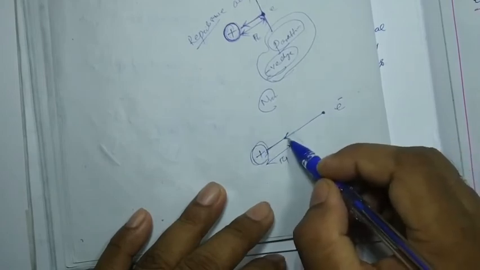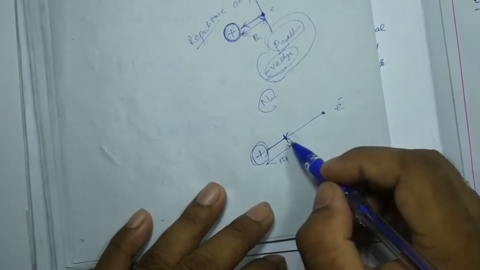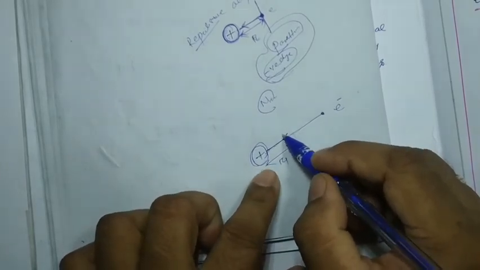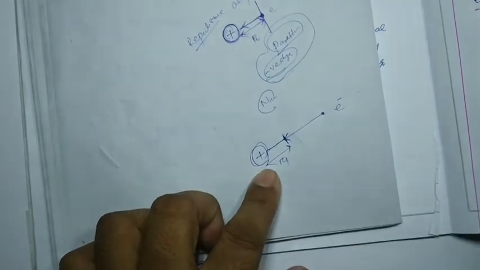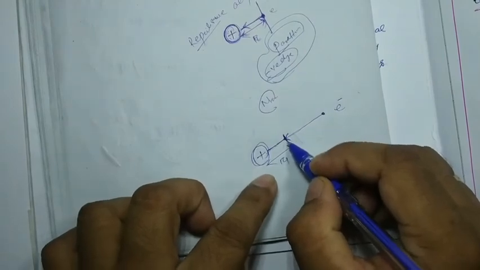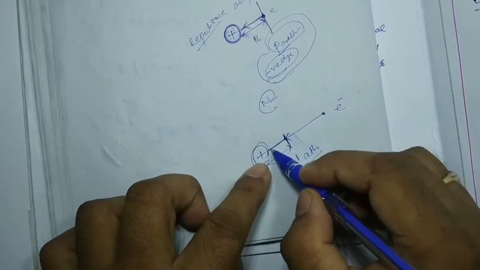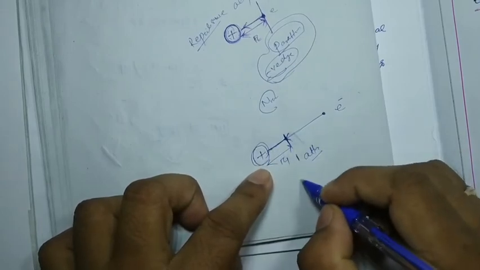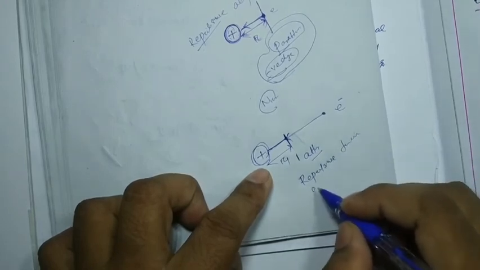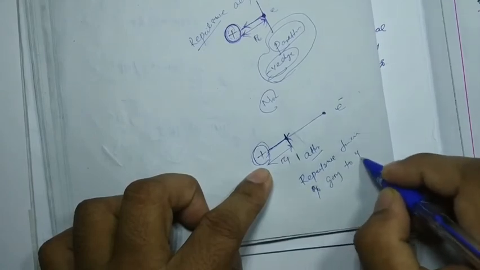Whenever this electron is going to cross this distance and move towards the nucleus, up to this much there is attraction. If the electron tries to move further closer to the nucleus, then a repulsive force is found.